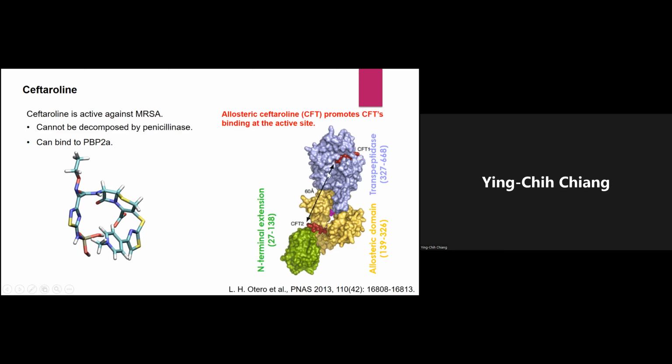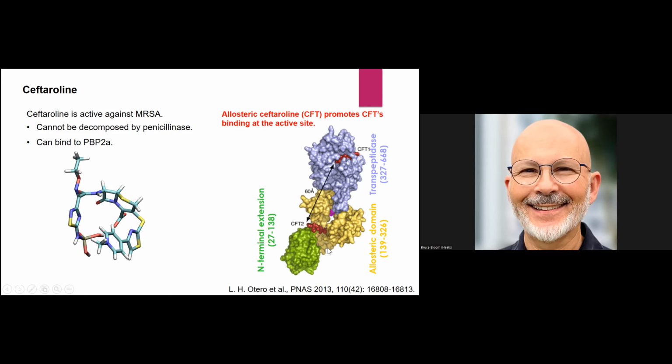Based on this picture, people started to think, how can we design an allosteric drug such that we can enable the usual beta-lactams to bind at this transpeptidase domain? However, if you look into the crystal structure, you'll find something interesting.